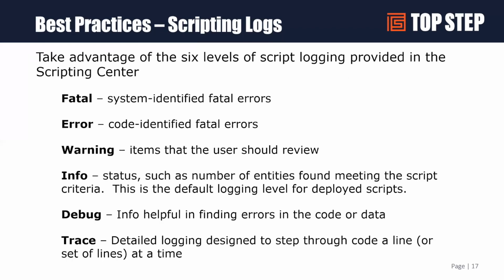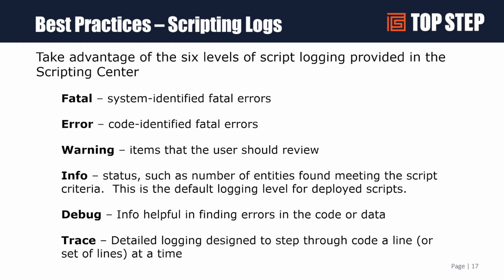Okay, take advantage of the 6 levels of script logging provided in the Scripting Center. If you take a look within the OpenAir scripts, you can set the log levels as the script runs. So when you create a log function within OpenAir, you can give it these different attributes and these different levels. They go from fatal, error, warning, info, debug, and trace.